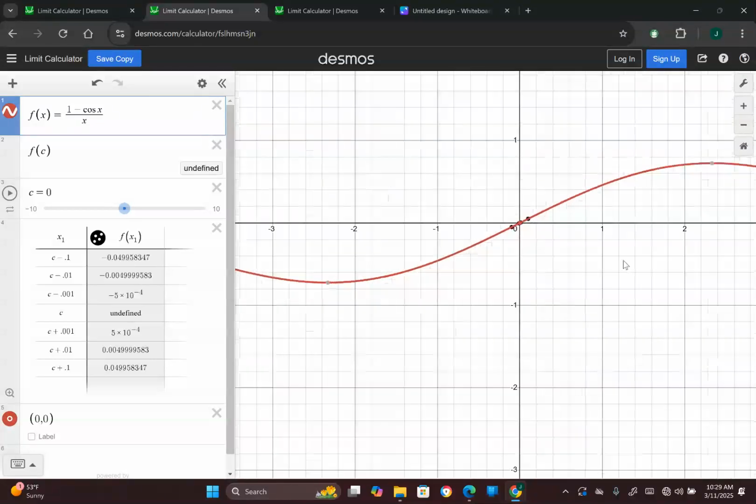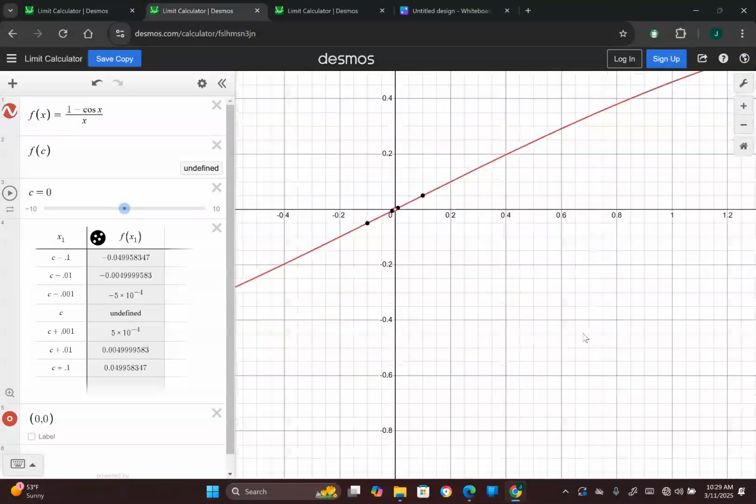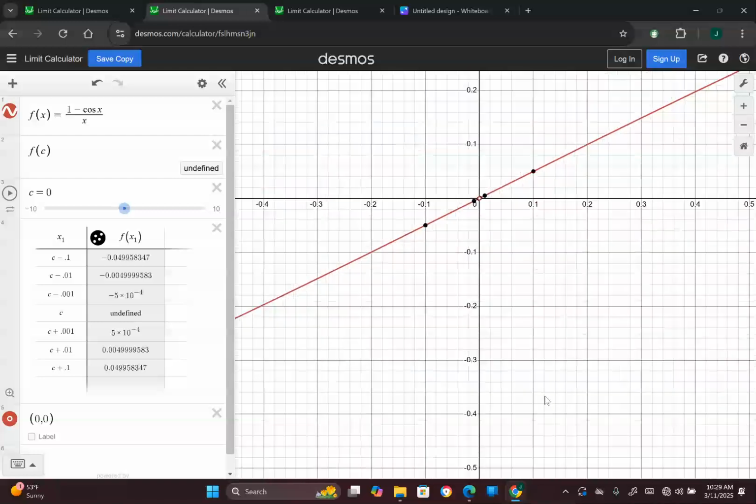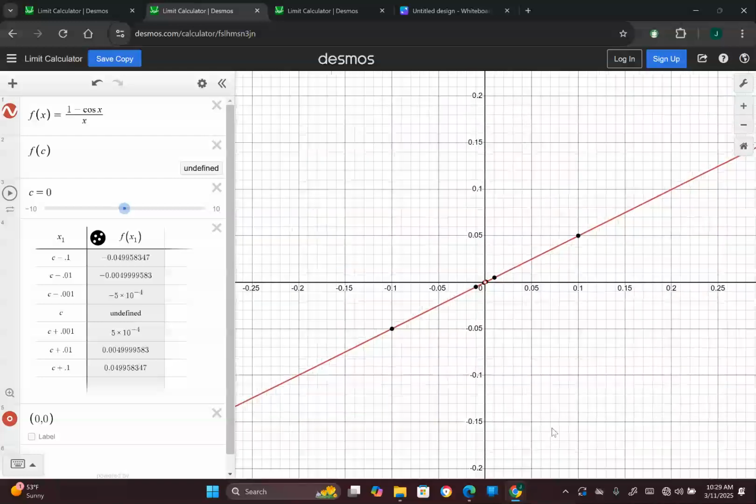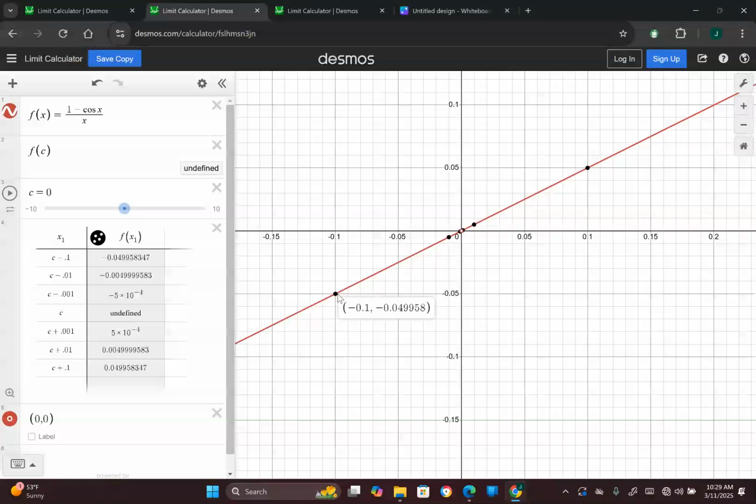Let's zoom in a little bit. We can look at those numbers that we just found from our table. There's 1/10 of a unit to the left, 1/100th of a unit to the left, 1/1000th of a unit from the left. Those are definitely approaching 0 from the left-hand side.